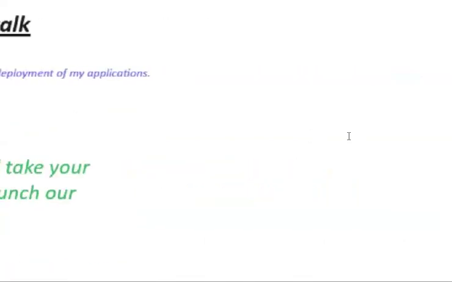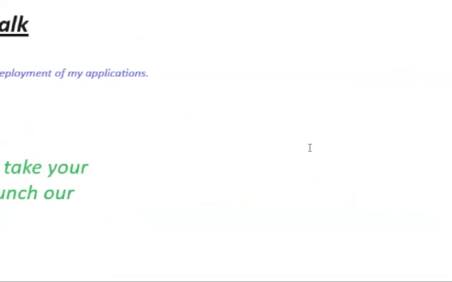So now let's have a question. Let's say I have an application. What are the AWS services that we know till now that we can use to deploy our application?